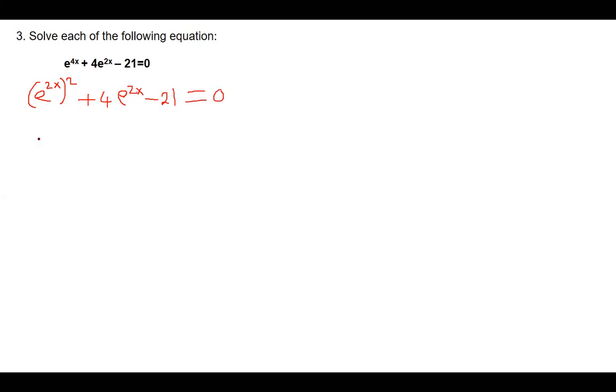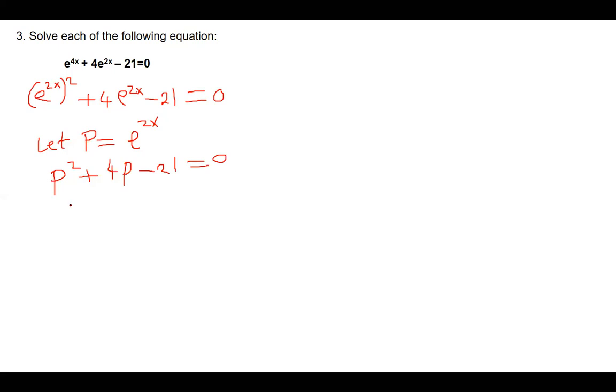So here now we can say let p be equal to e raised to power 2x. So where there is e to the power 2x, we replace with p. So we're going to have something like this: p squared plus 4p minus 21, which is equal to 0.